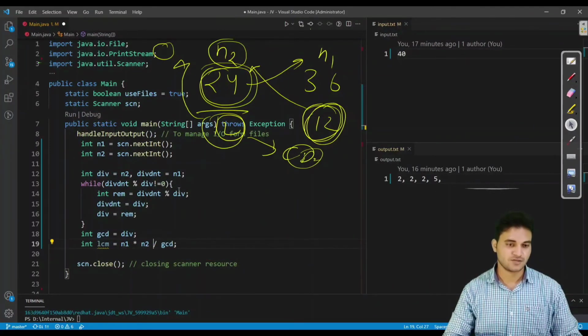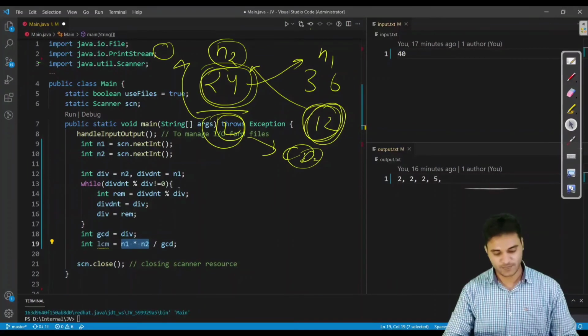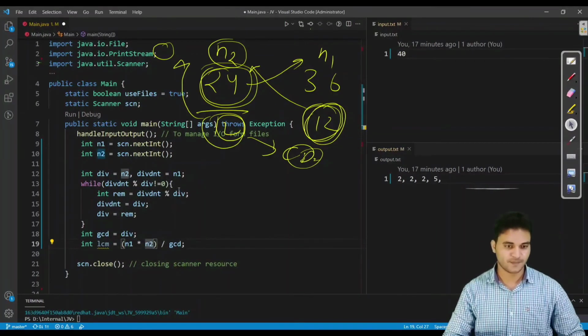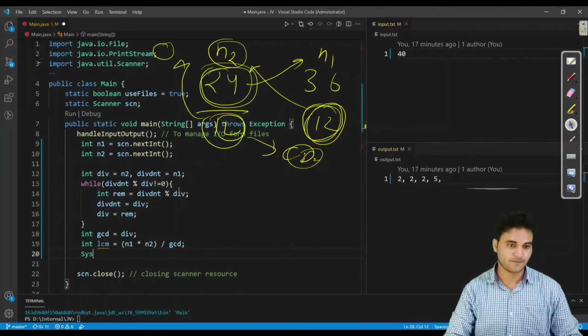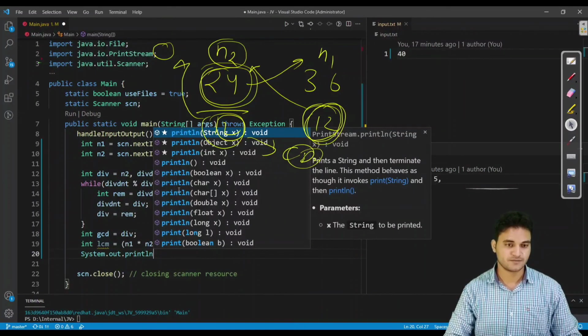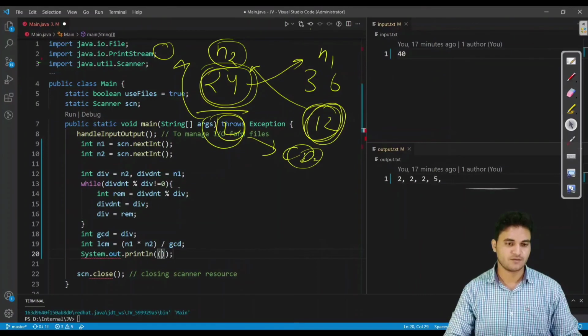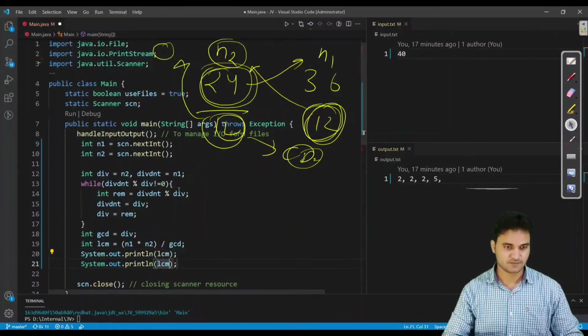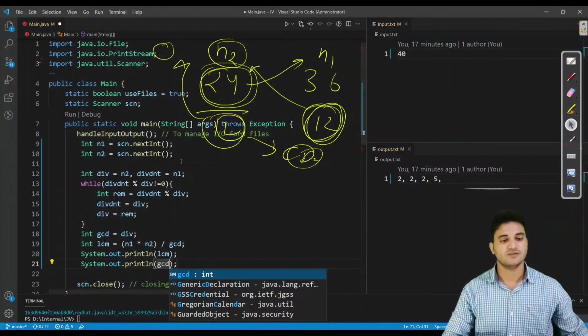Fine. I hope it should work. Let us print both of them, System.out.print, the LCM and GCD. So this is what we have to do.